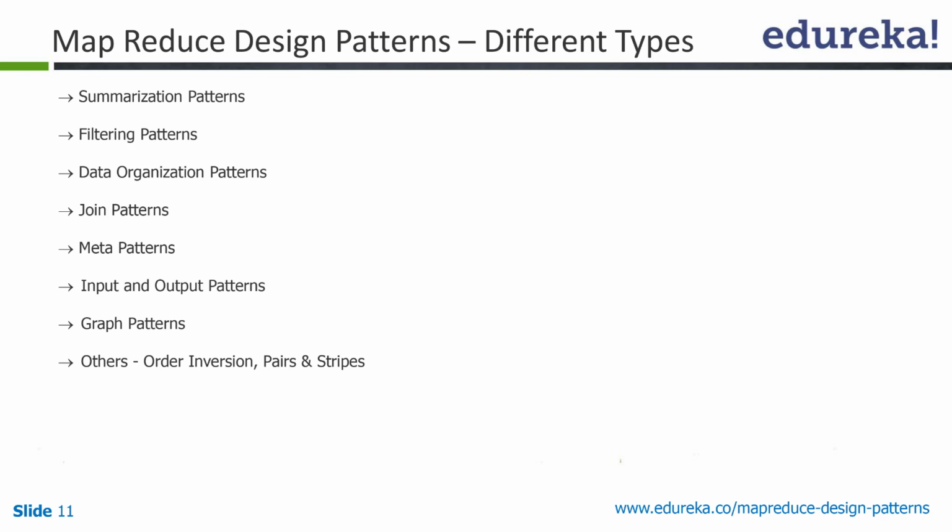And as I said earlier, this is an evolving list, and it will keep on evolving as inputs come in from the users of MapReduce or the tools which have been built. For example, Pig itself is one of the tools which drives patterns into MapReduce.